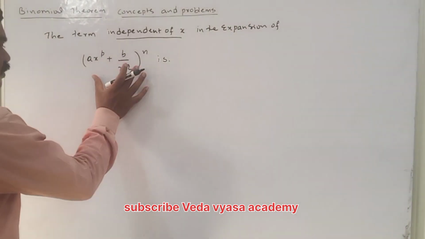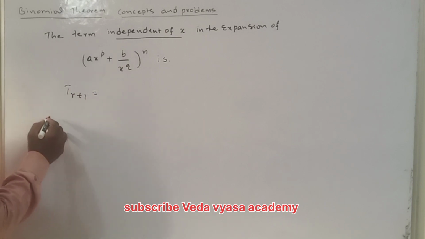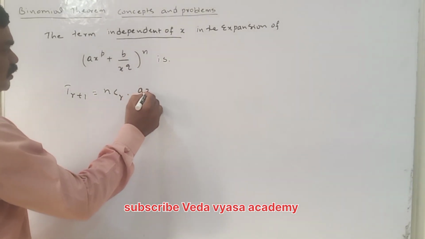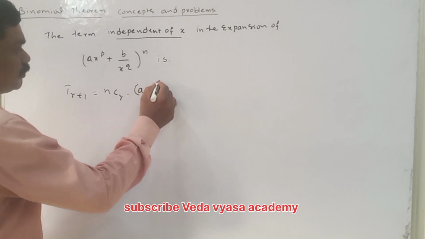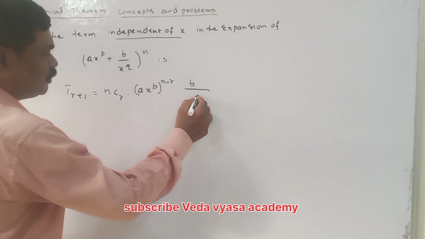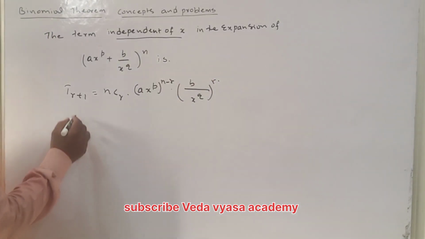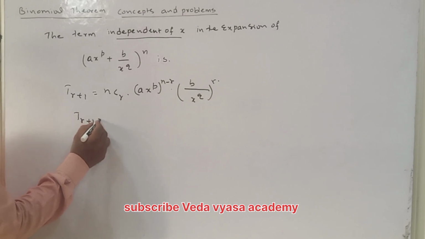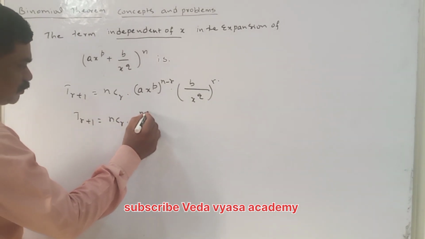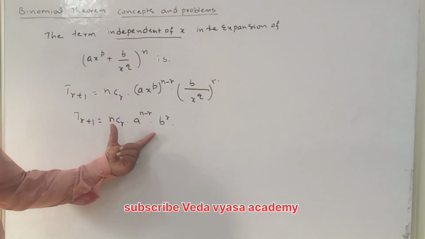So in this expansion, the general term T(r+1) is nCr (a x^p)^(n−r) (b/x^q)^r. So T(r+1) equal to nCr into a^(n−r) b^r is the constant.